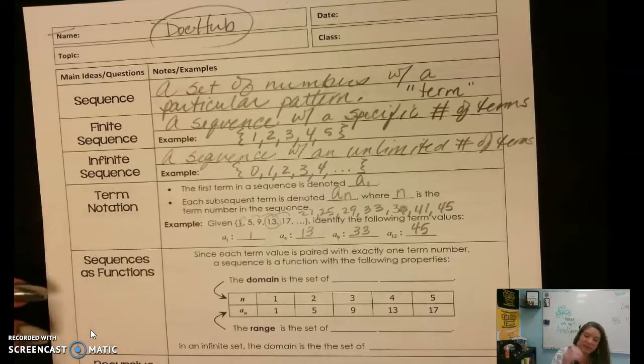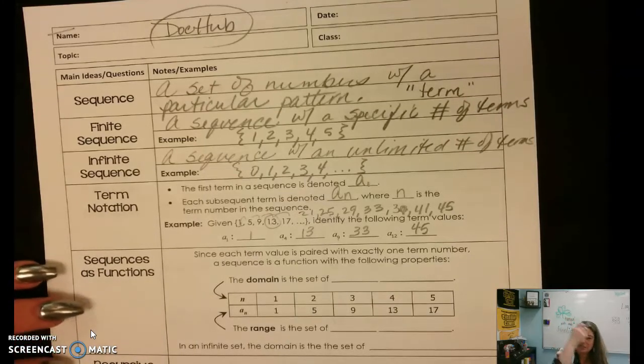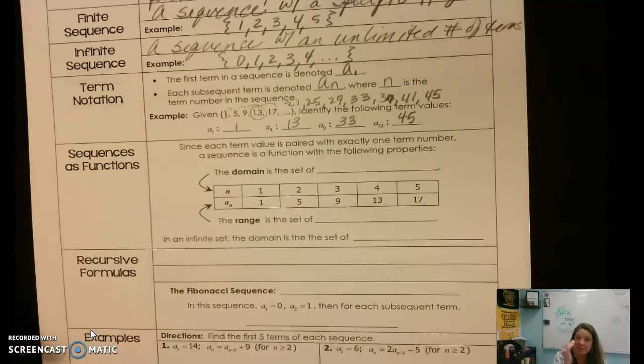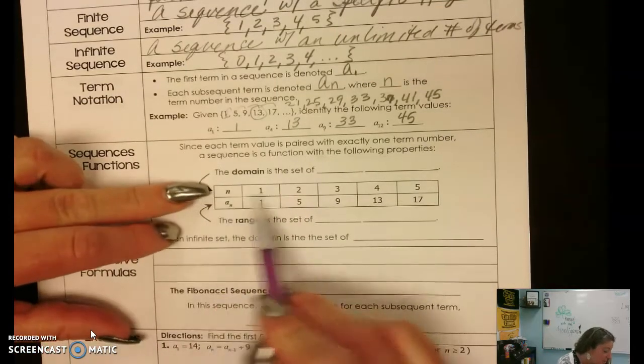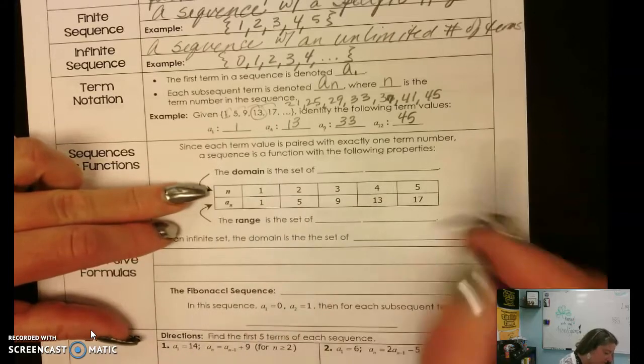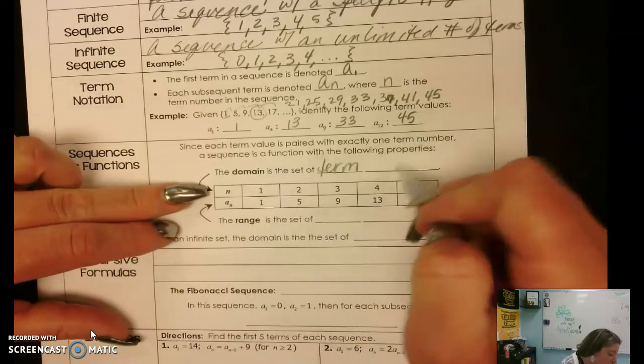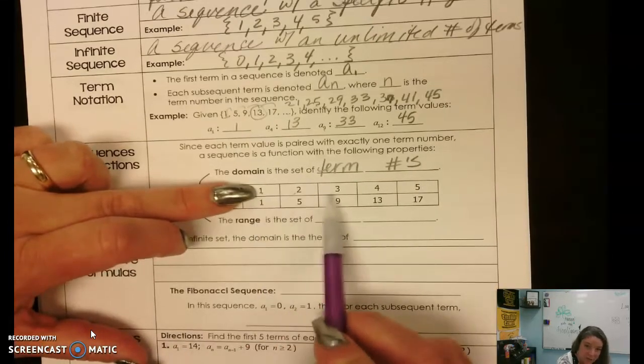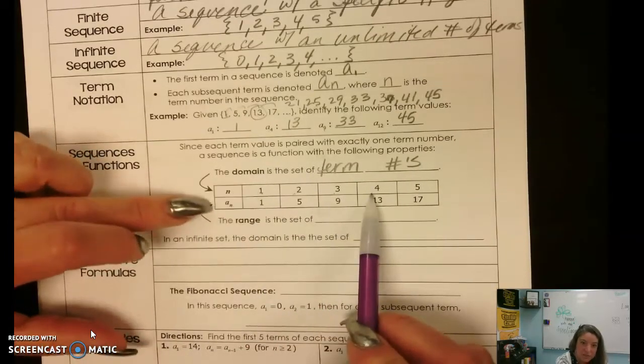Sometimes we look at sequences in terms of functions, and so when we do that, since each term that's in there is paired with exactly one term number, we can call it a function. So the domain is actually the set of term numbers, okay, so the first term, second term, third term, fourth term, that's the domain.